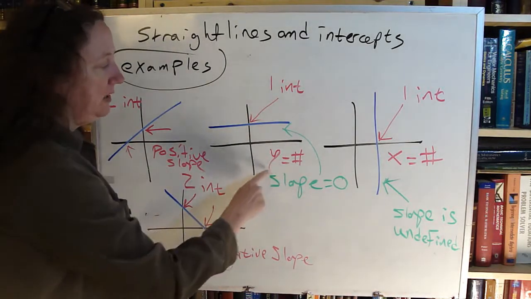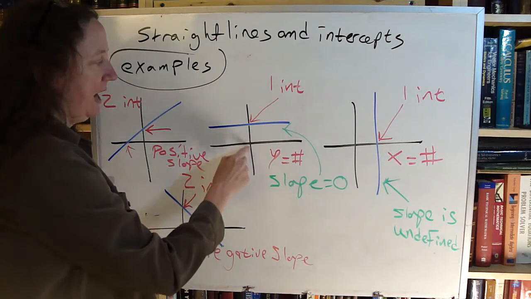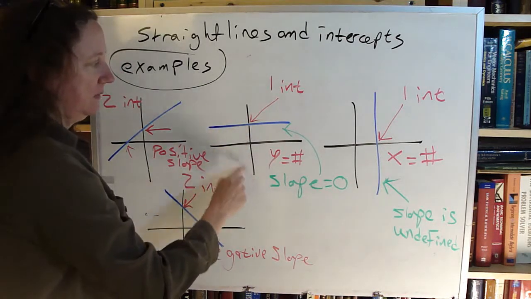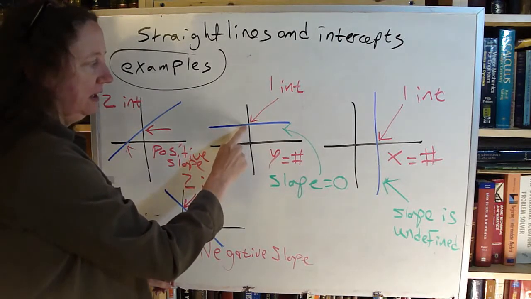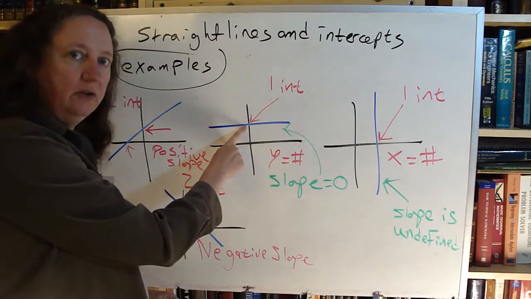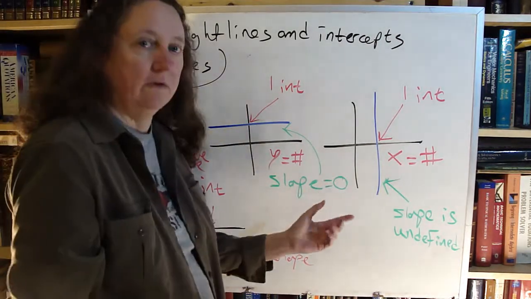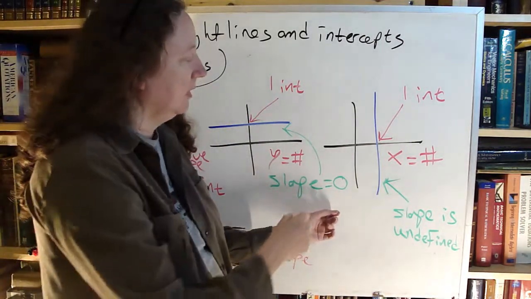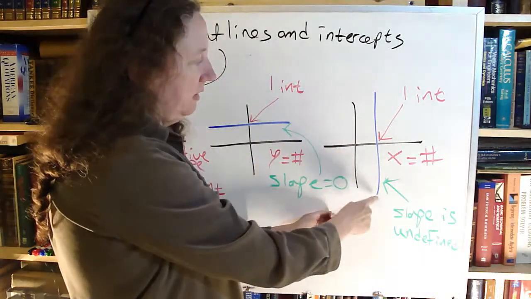Looking at my y equals a number, my slope is 0. There's my y-axis. There's my equation. And the two of them meet right there. So yes, this does have a y-intercept. So far, doing good. Over here, there's my y-axis. There's my equation.